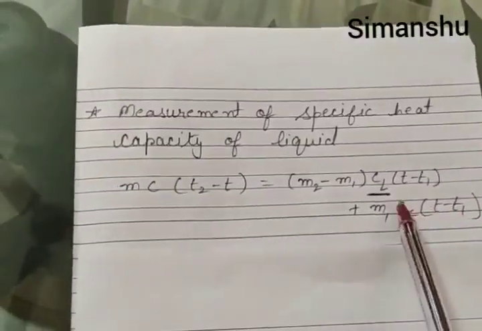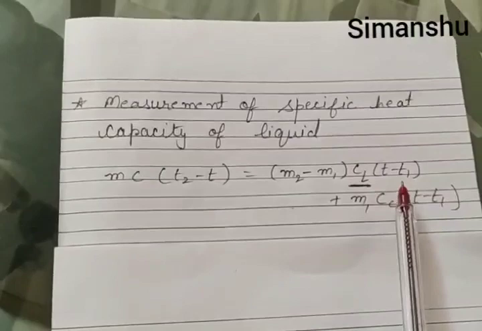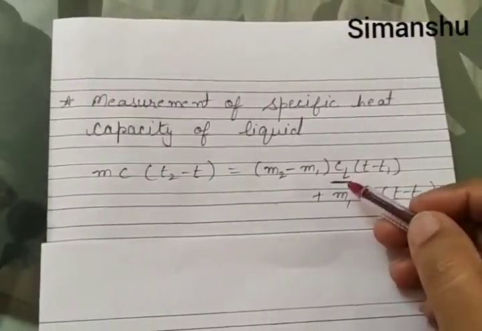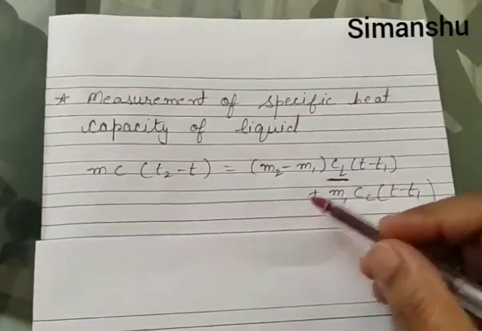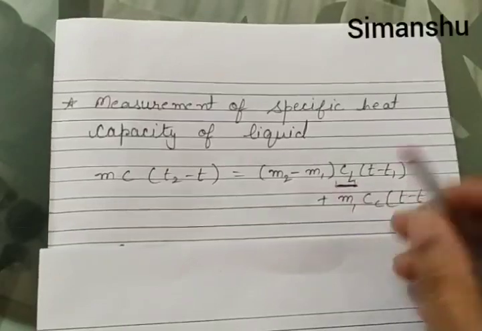When you reach that equation A, I wrote it here again for your convenience, as you have to calculate the specific heat capacity of the liquid. So water was the liquid, here I had written Cl. What we need is this thing only, this side.